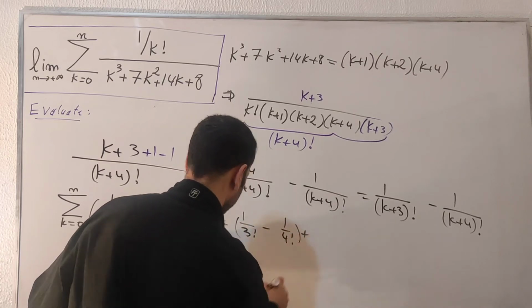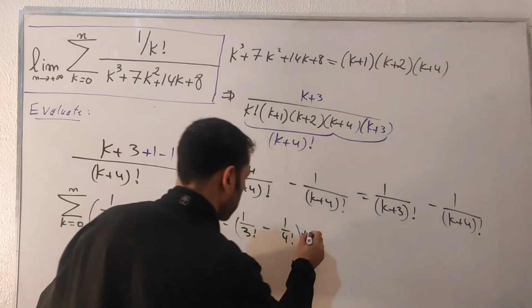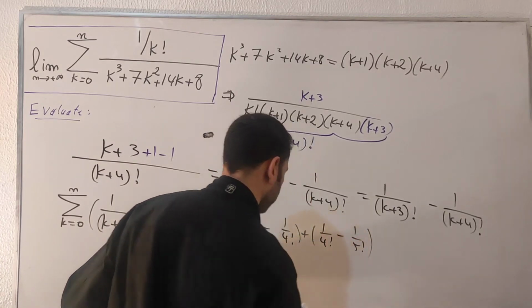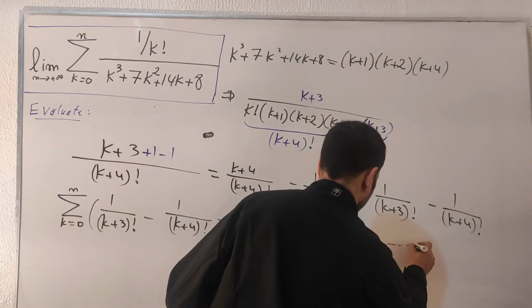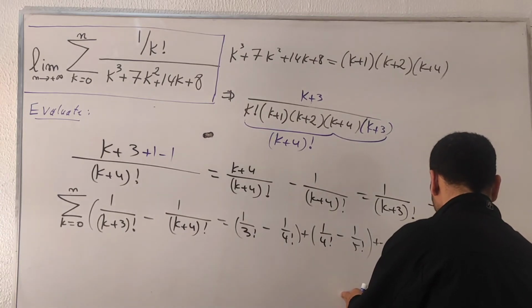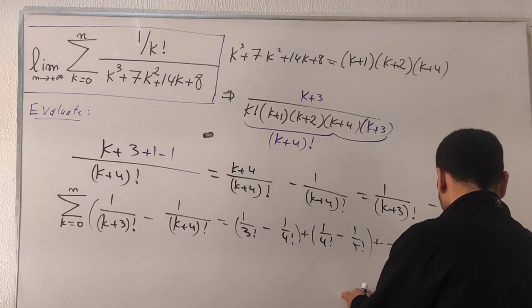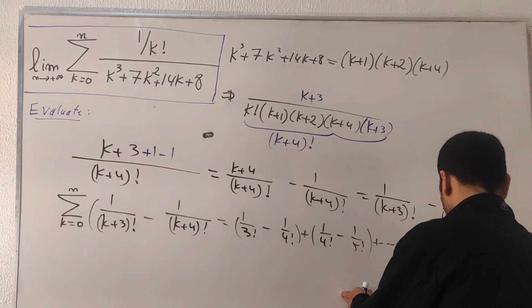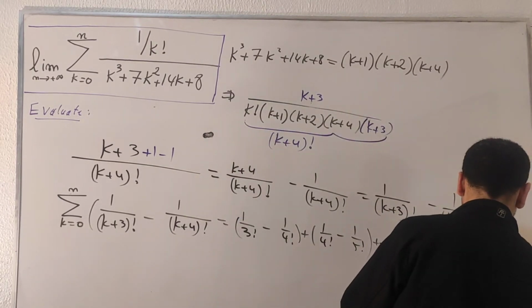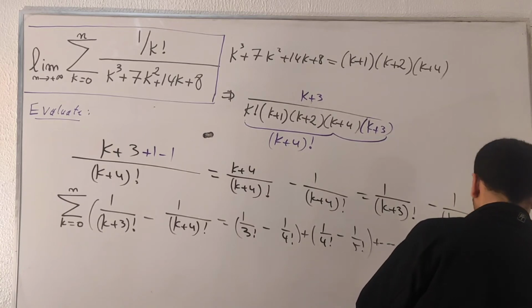Moving on to the second term, I get 1 over 4 factorial minus 1 over 5 factorial. This continues all the way down to 1 over n plus 2 factorial minus 1 over n plus 3 factorial, plus the last term, 1 over n plus 3 factorial minus 1 over n plus 4 factorial.